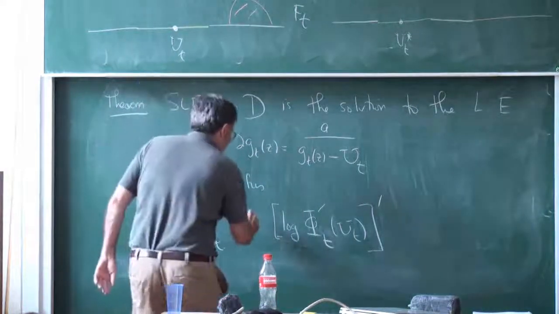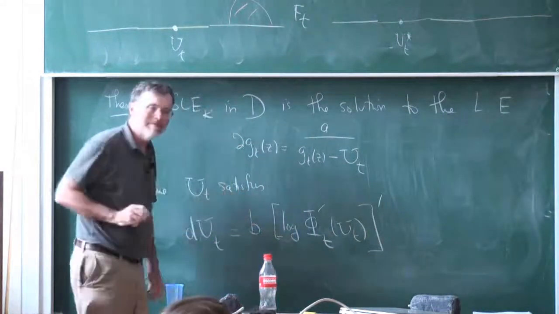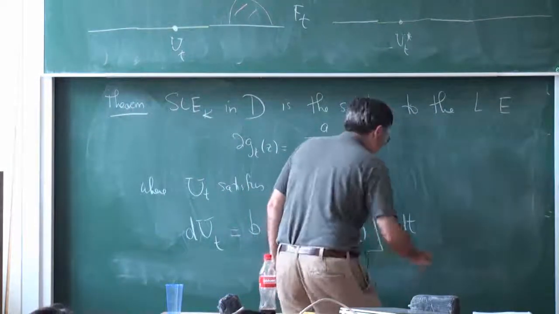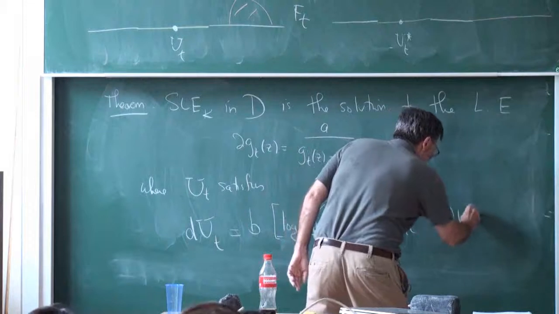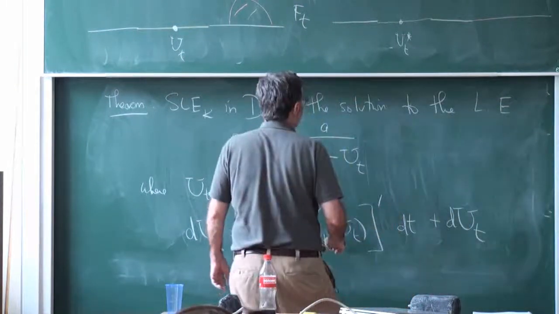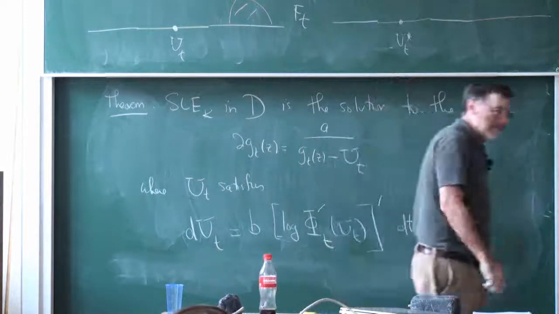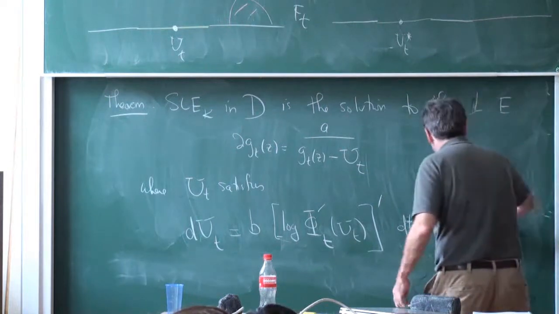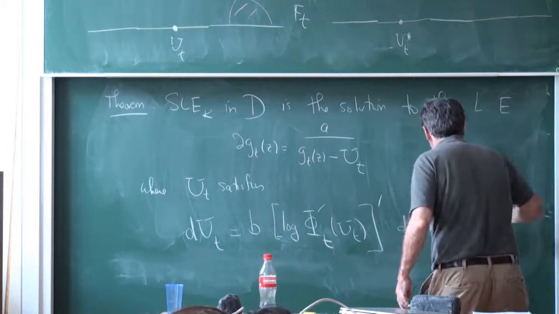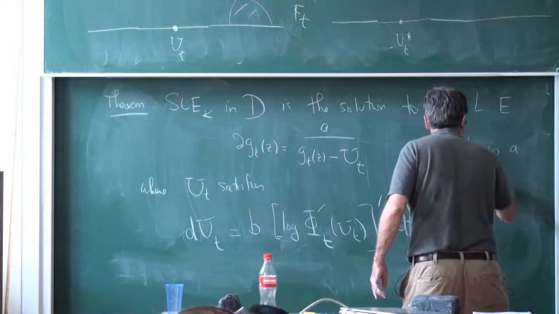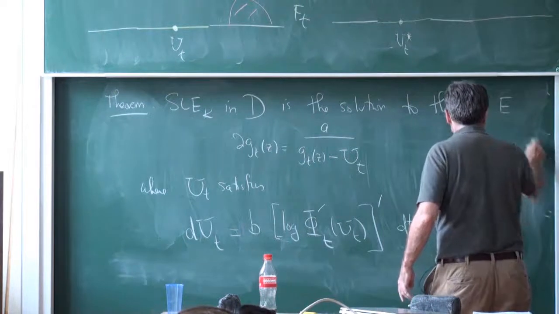And then there's a parameter that comes in. Actually, I should use some other letter. Where W_t is a standard Brownian motion.